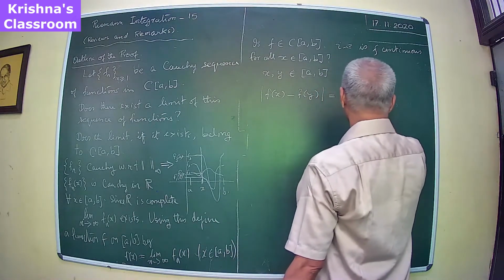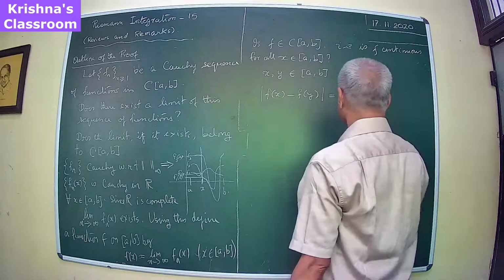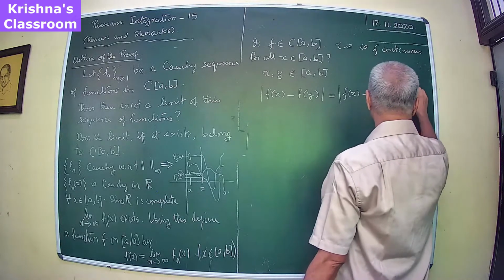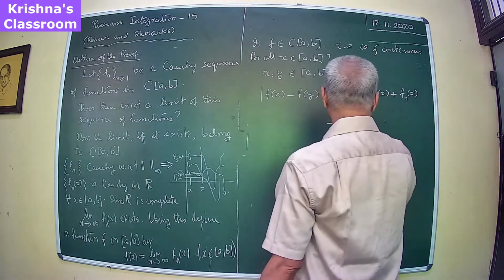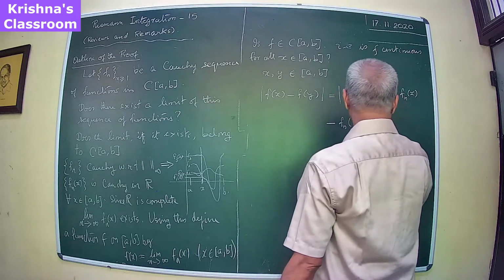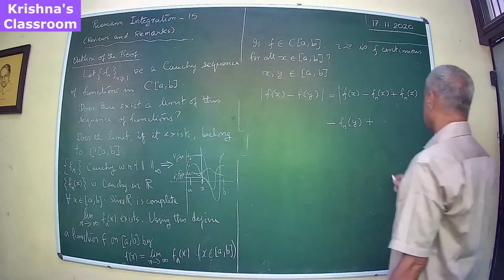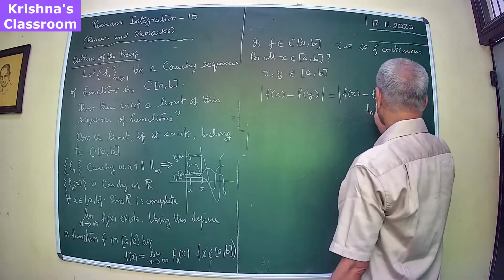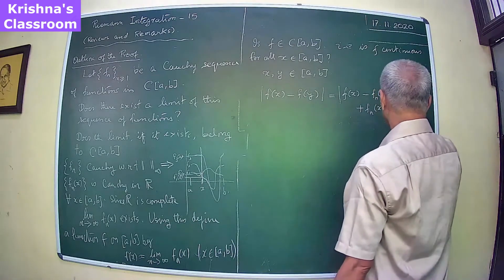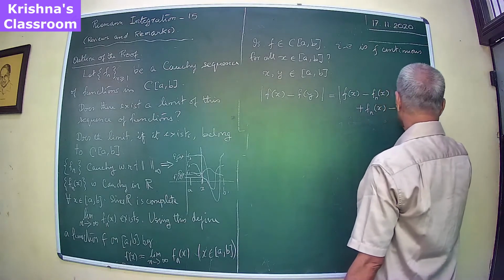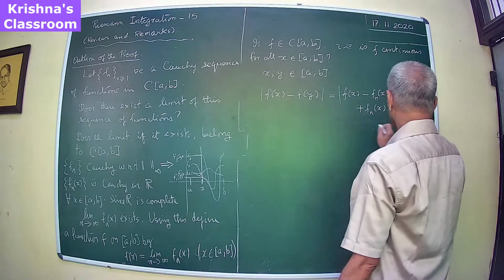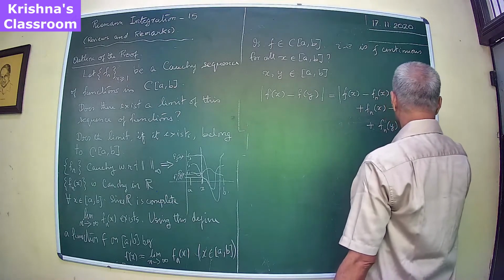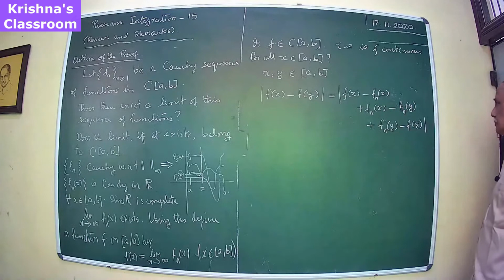fx minus fnx plus minus. I'm just adding and subtracting.